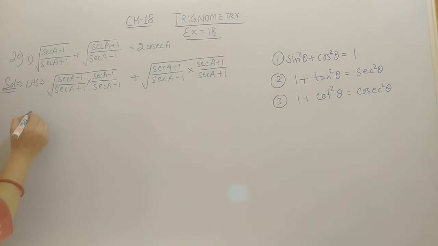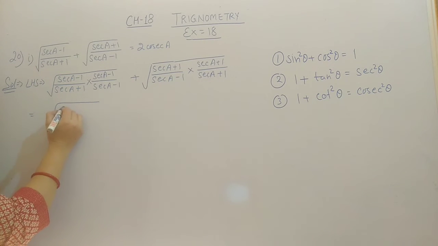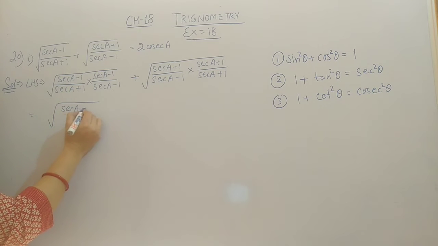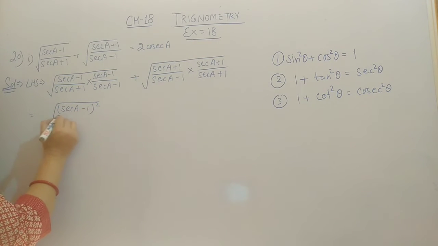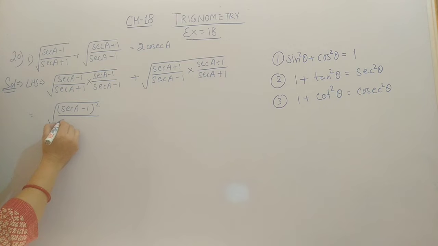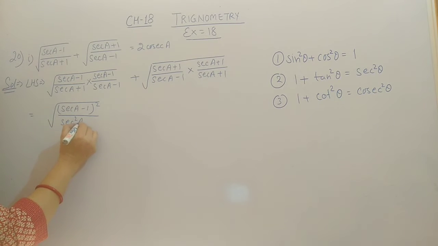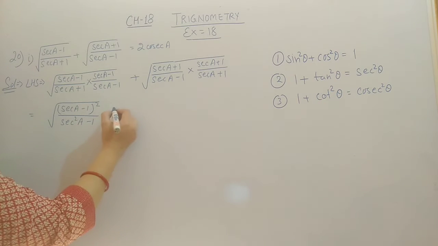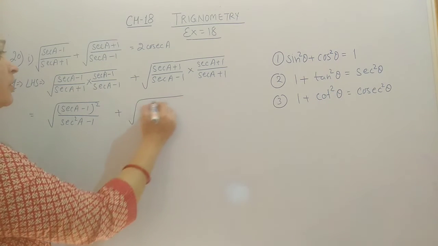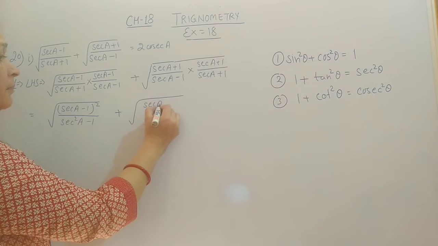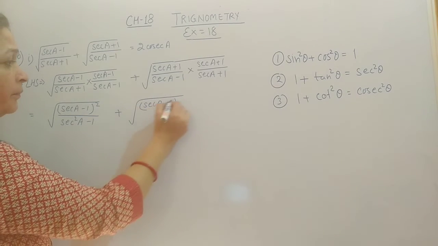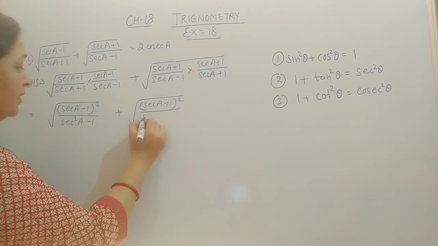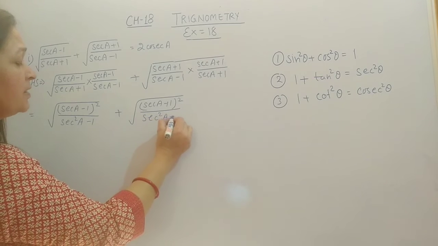In the first one, it will become root of (sec A minus 1) whole square, and the denominator will become sec square A minus 1, (A plus B) into (A minus B). Similarly, this second term will become root of (sec A plus 1) whole square, and the denominator sec square A minus 1.